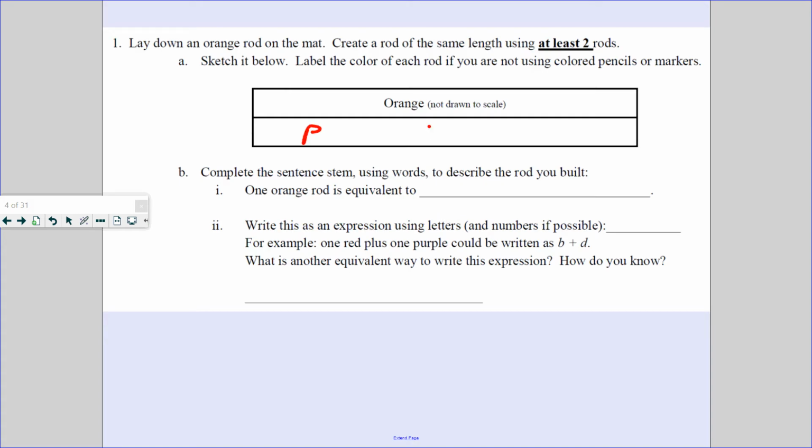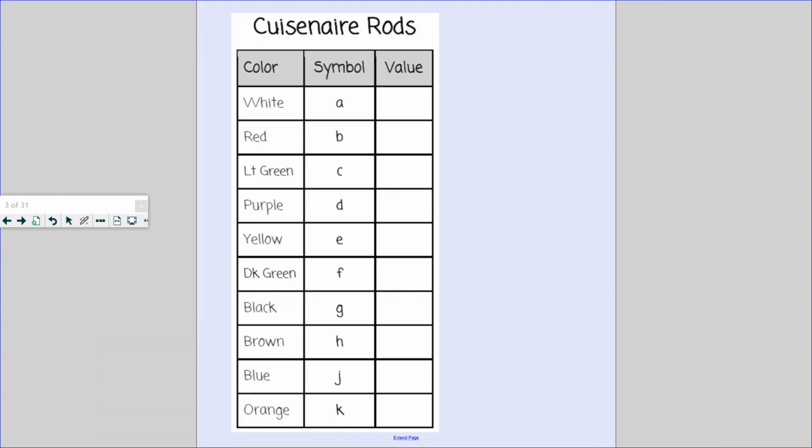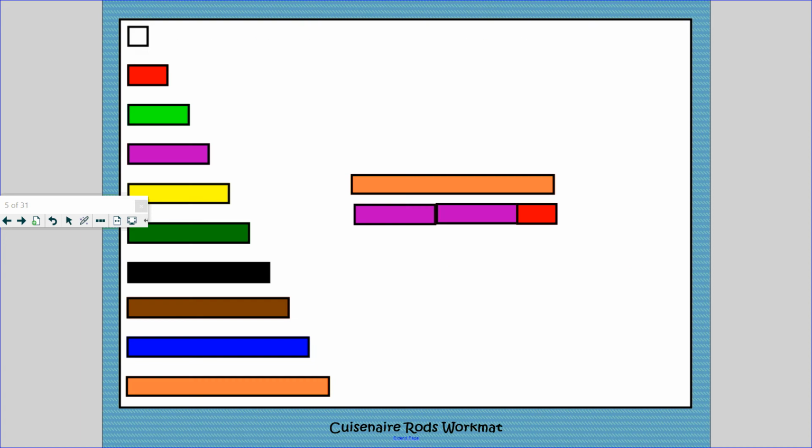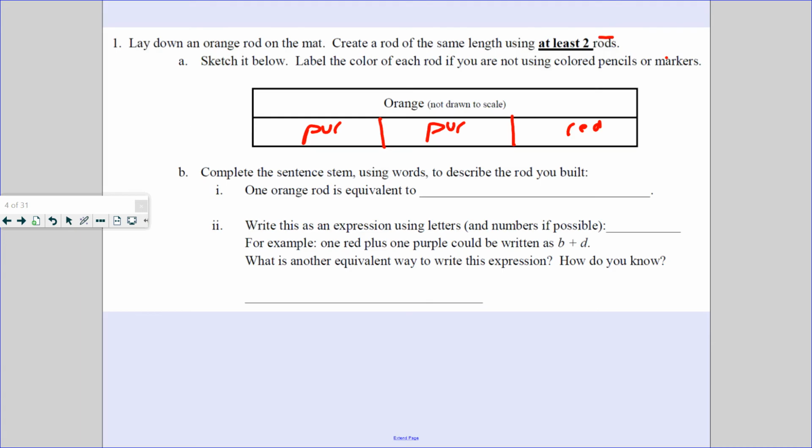Wait. I think the red should go right here, more like this way. Much better.